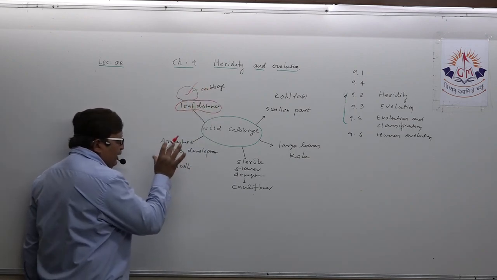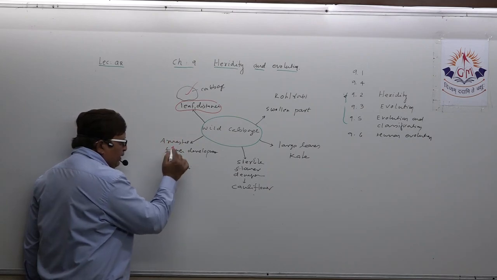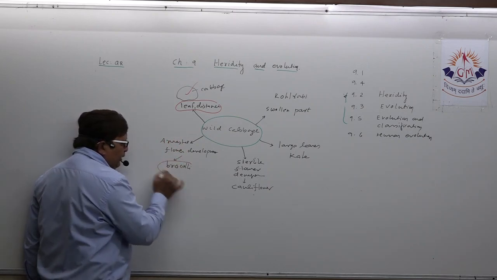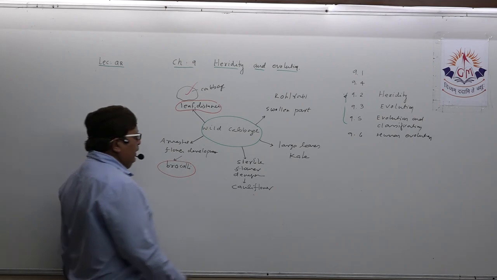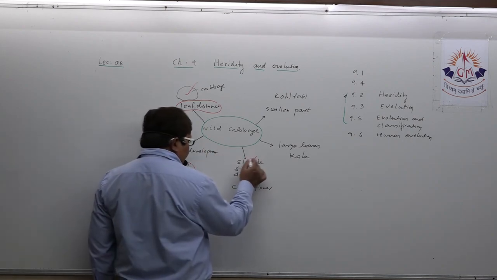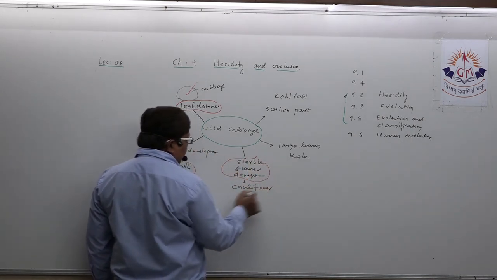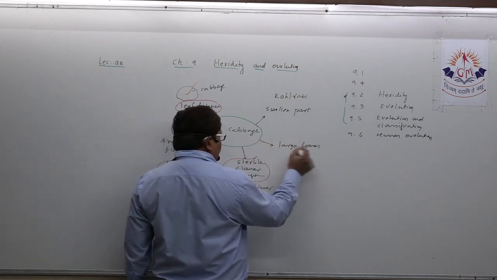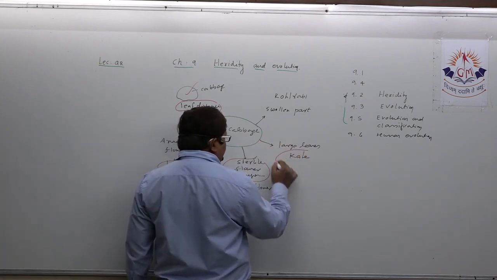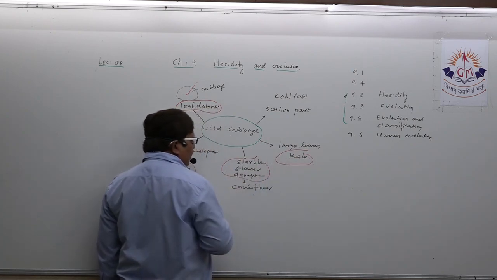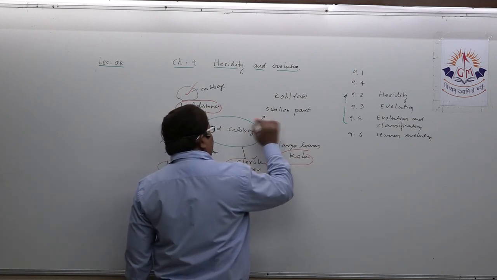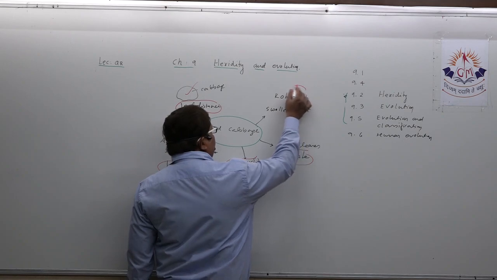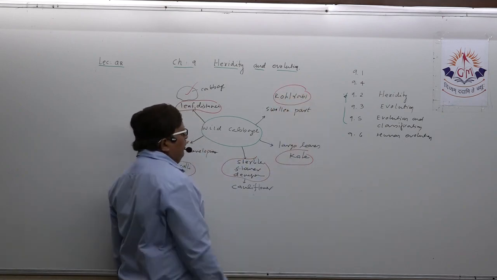When wild cabbage is artificially selected for arrested flower development, it develops broccoli. When arrested development of sterile flower takes place, they develop cauliflower. When wild cabbage was grown selecting large leaves as the main character, it developed kale. And when the swollen part is artificially selected for development, they develop kohlrabi.